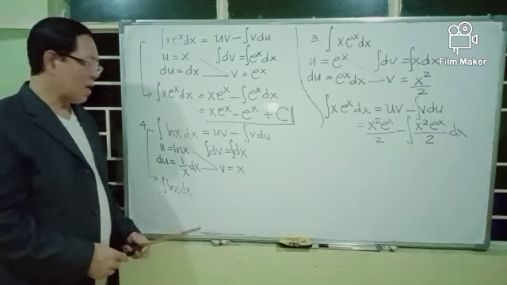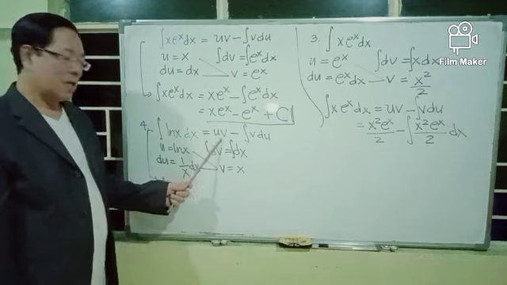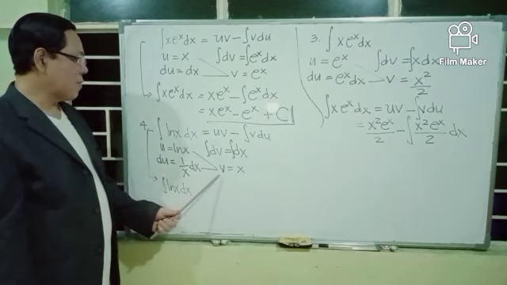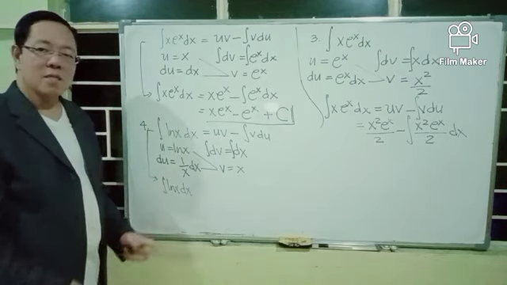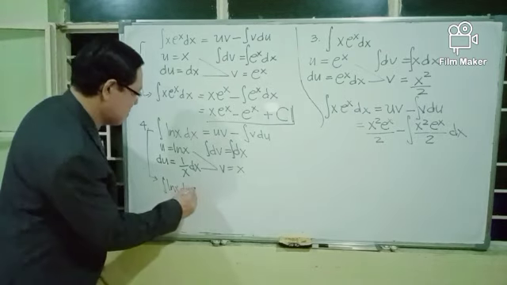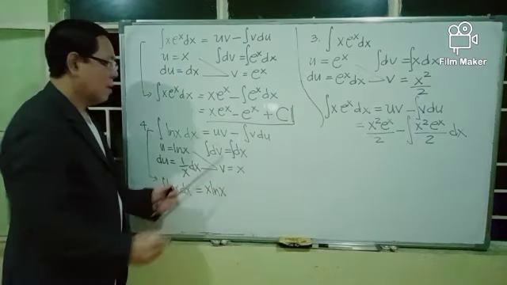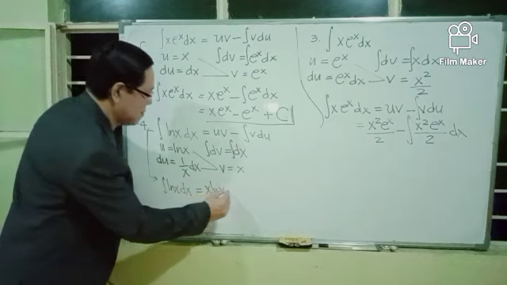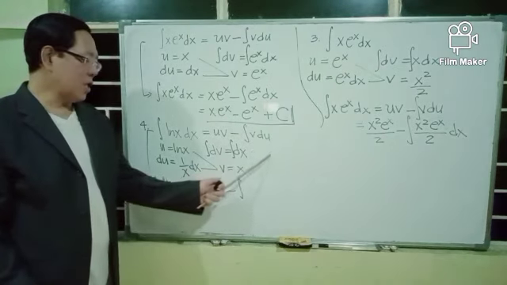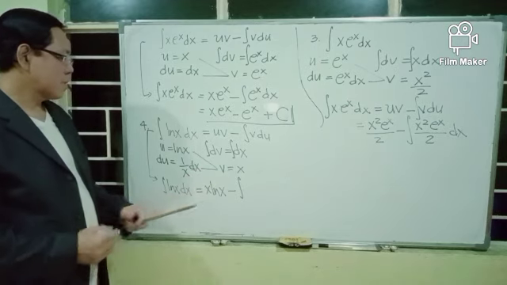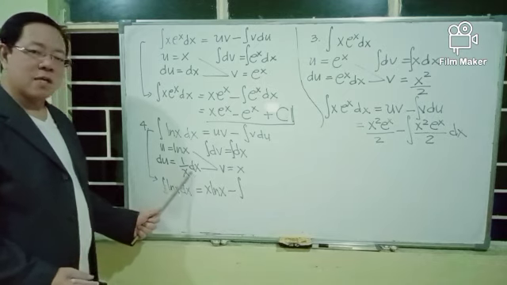Hence, the integral of ln x dx is equal to uv. U is ln x and v is x. We multiply x by ln x, we get x ln x. Minus the integral of v du, v is x, multiplied by du, 1 over x dx.